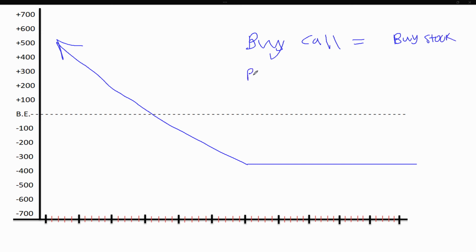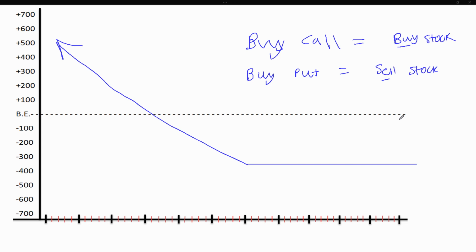Whereas if you buy a put, it doesn't give you the right to buy the stock. What does it give you? It gives you the right to sell the stock. So the only difference between buying a call and buying a put is one little word: a call gives you the right to buy and a put gives you the right to sell.